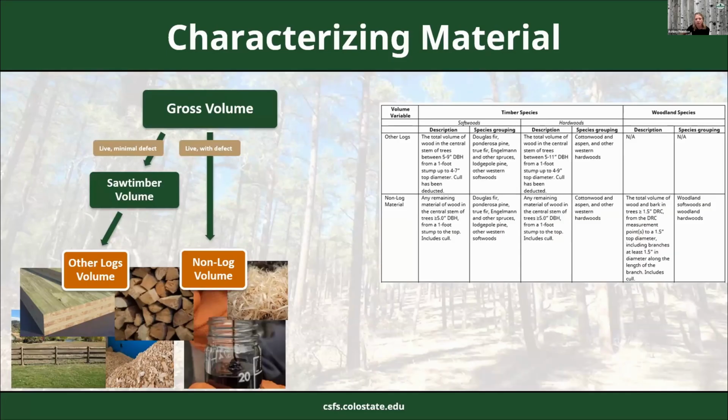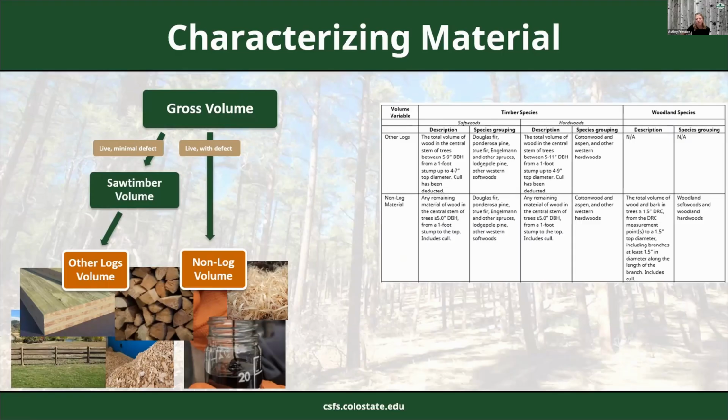And then the next category is what we're calling non-log volume. So this represents the material that remains when you subtract the saw timber volume and the other log volume from the gross amount, but including cull and defect. So for softwood timber species, this would be any remaining wood material that's greater than 5 inches that wouldn't meet the criteria for saw log or other logs.